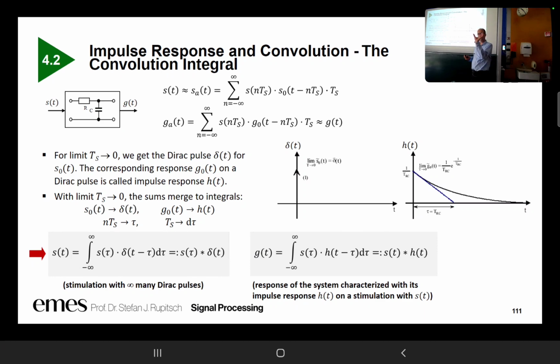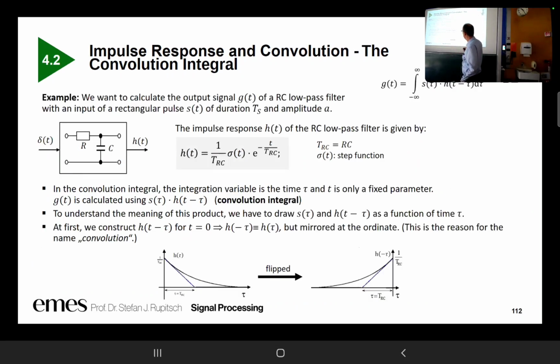Flip means we have to mirror it with respect to the y-axis, exactly. And what's the reason why we have to mirror it? Due to the negative sign of tau. We have a negative sign here. That's the reason why we have to flip it, and this is the most important step for the graphical interpretation.